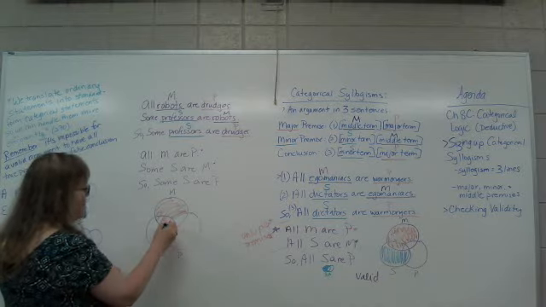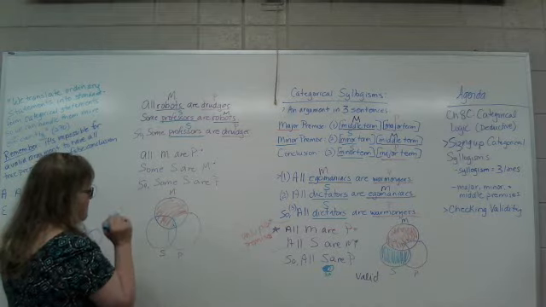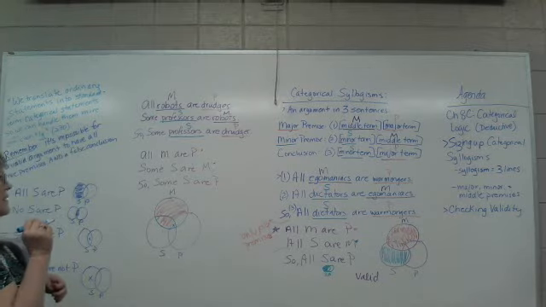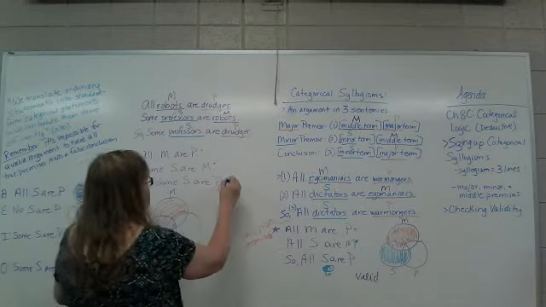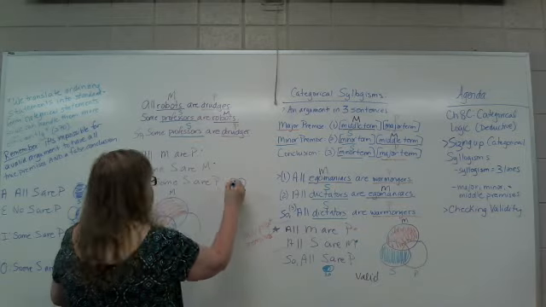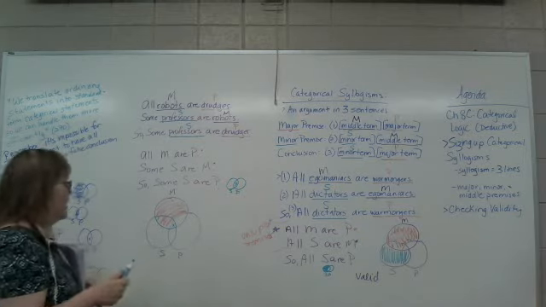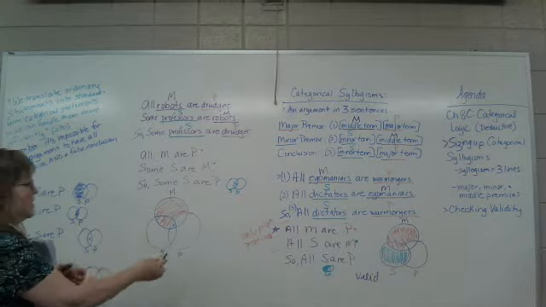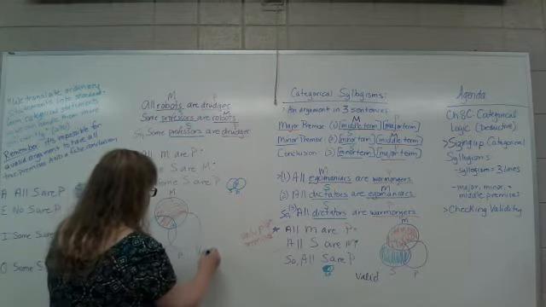There's nobody there. So I have to put my X in here. So when I get to the bottom, and I want to see some S are P, I have to have an X in the middle. Well, do I have an X in the eyeball section? Yes. So this is valid.